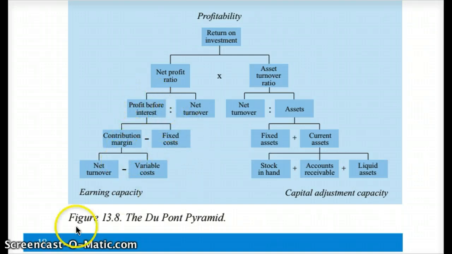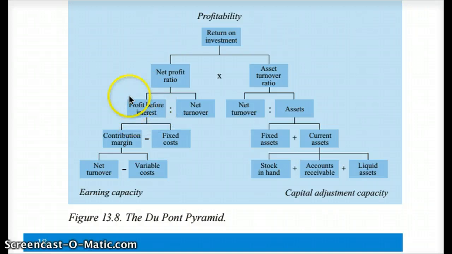The DuPont pyramid is also excellent when a company is actually performing well. If we see the net turnover and the variable cost, if the net turnover goes up and the variable costs slow down, you have the contribution margin gaining, and if the fixed costs stay the same, the profit before interest also becomes higher.